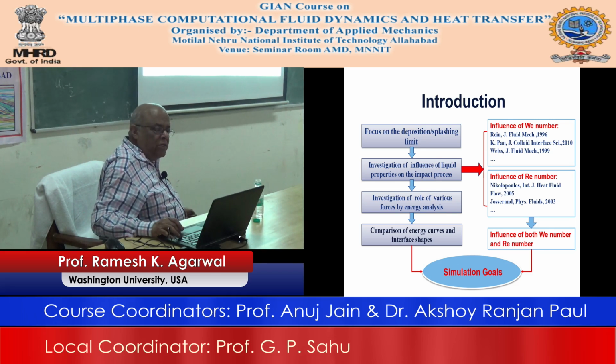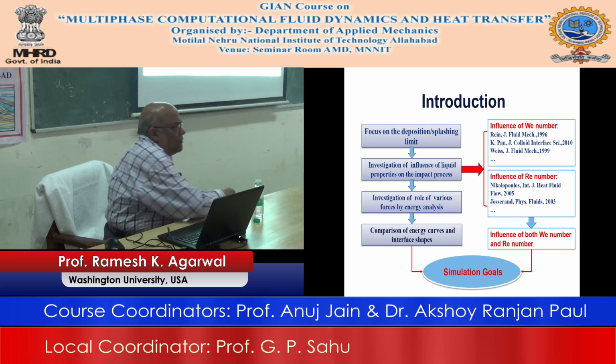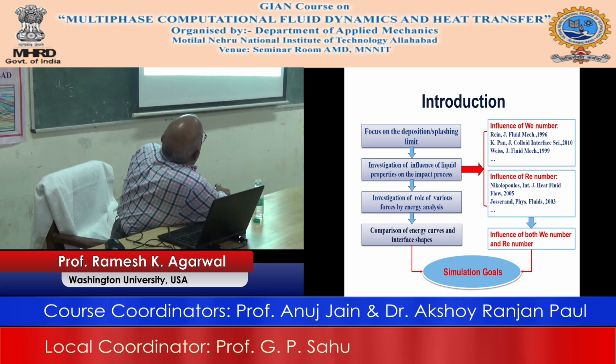So the two parameters that we are interested in are the Weber number and the Reynolds number. So these are the simulation goals, to see the effect of these. The Weber number is the inertia divided by surface tension.